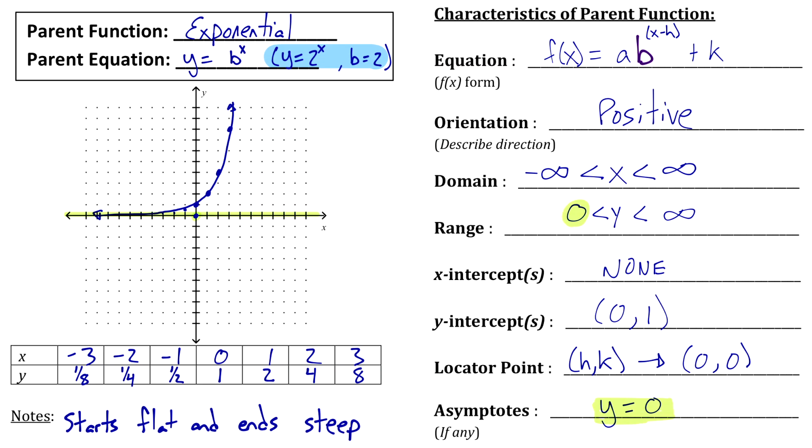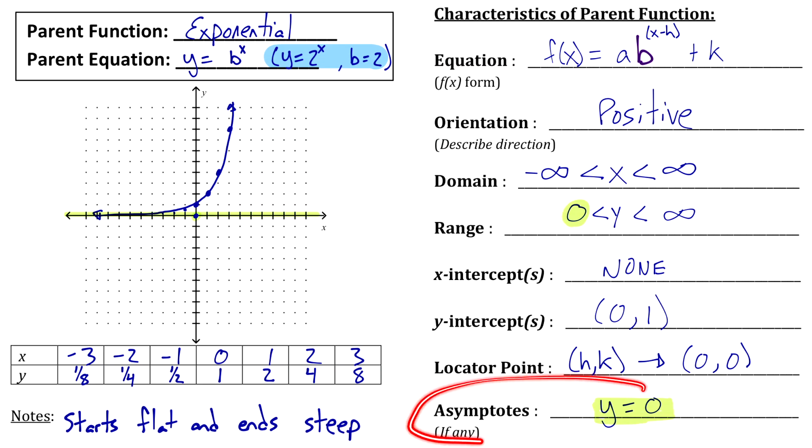So 2 and greater, 2, 3, 4 would probably be the limit for me. All right. So this is the only one so far that actually has an asymptote.